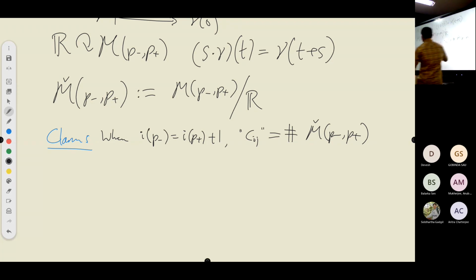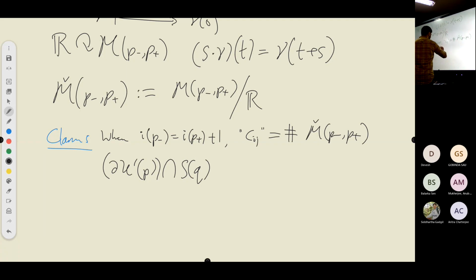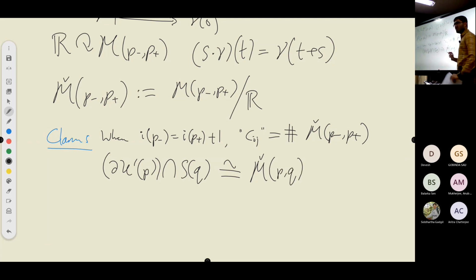So what I had in mind was that this intersect S of Q is in bijection with, I'm just going to use this symbol, but your moduli spaces don't have a topology yet, this. That is what I really wanted to clear. Yeah. That is always true. Yes. So if one of them is discrete and finite, so is the other.